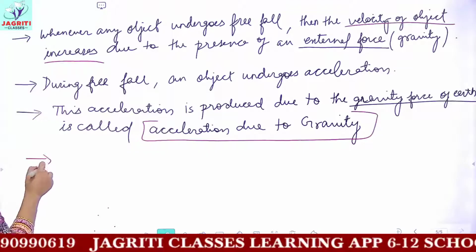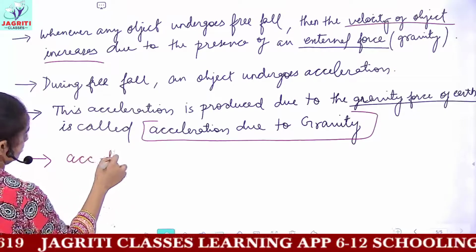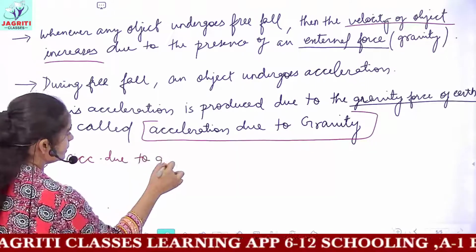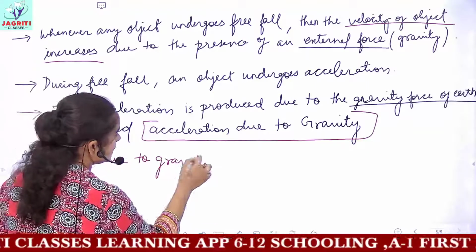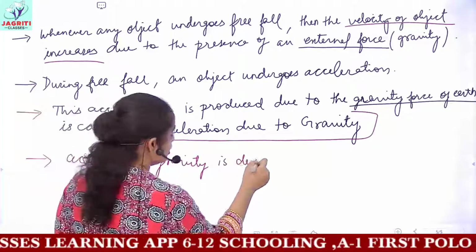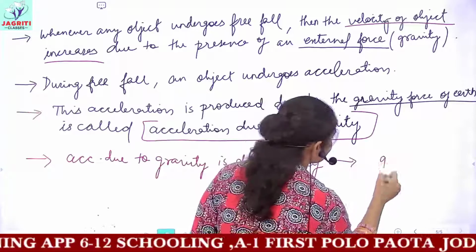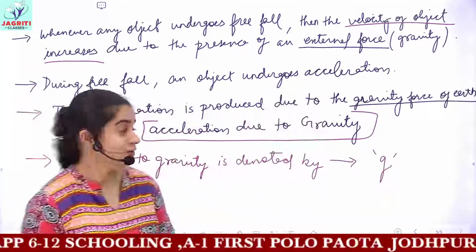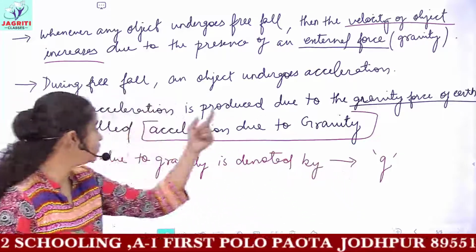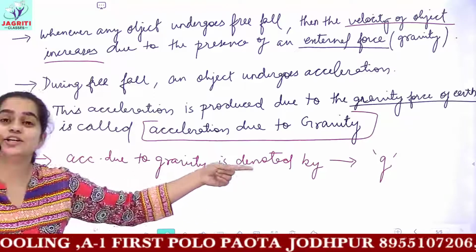And this acceleration due to gravity is denoted by the letter small g. So small g is used to denote the value of acceleration due to gravity.